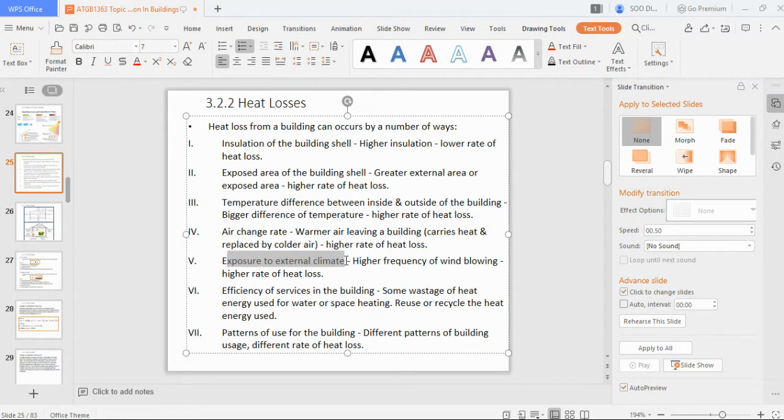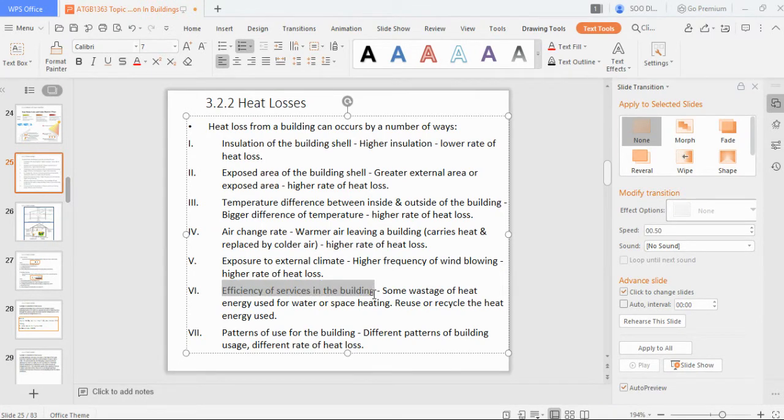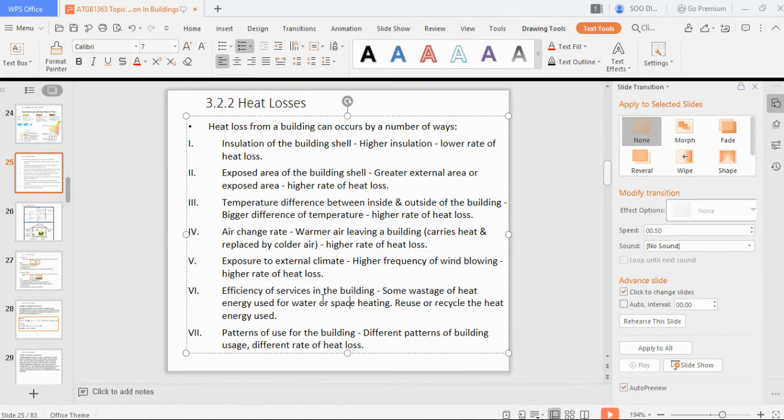Exposure to external climate: if your area has a high frequency of wind blowing, then you definitely have a higher rate of heat loss. And you have the efficiency of the services in the building, so some wastage of heat energy used for water or space heating, and whether the heat energy used is reused or recycled.